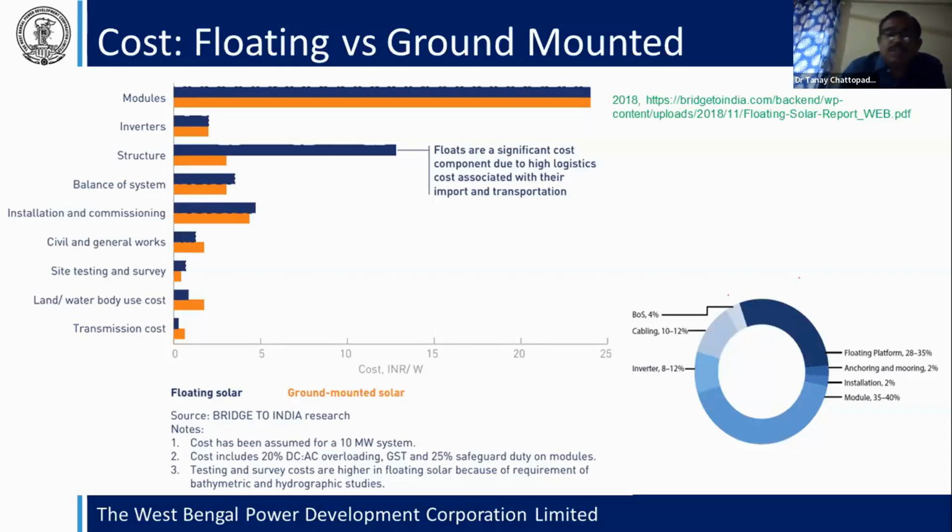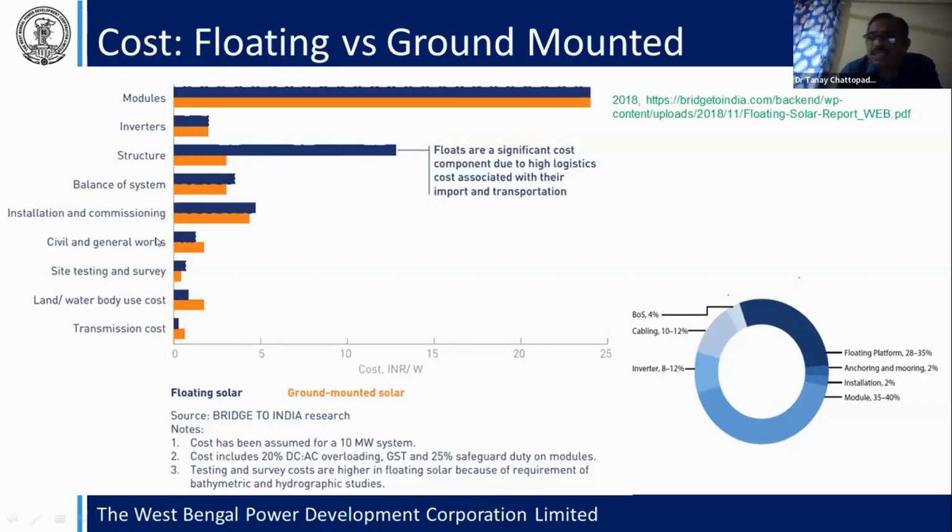The mooring cost also increases the cost of the structure, and a high quality mooring structure must be used.